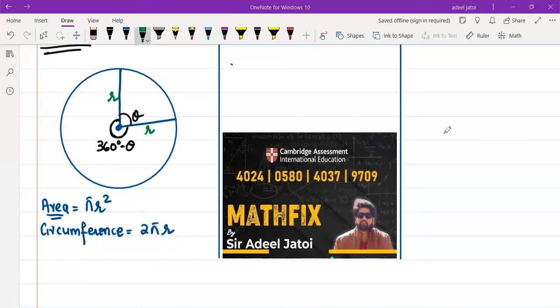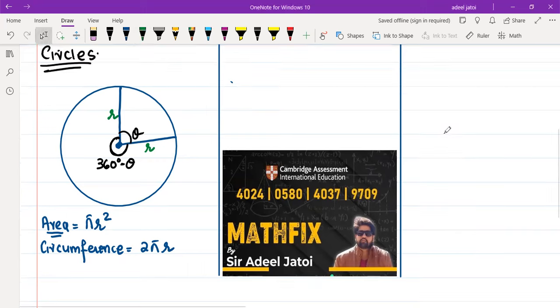To find the value of pi, we can do shift on the top left side of the calculator, and use the button that has 10 to the power x, which will give me pi. So pi will have all the decimal values, and when we multiply with the radius, you will eventually get the exact value of the area.